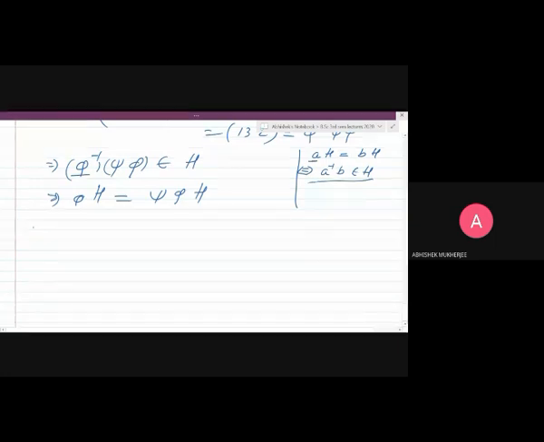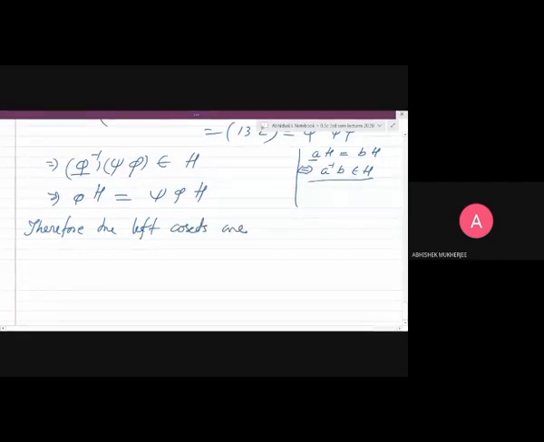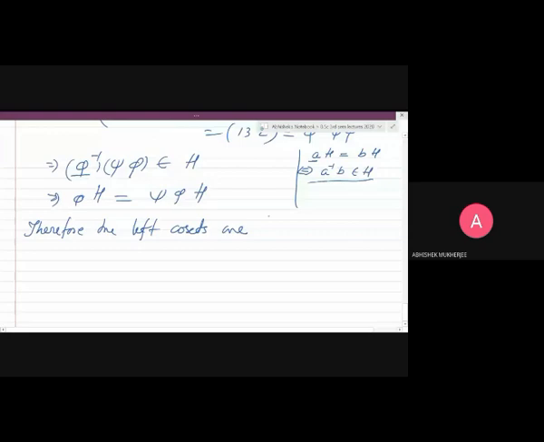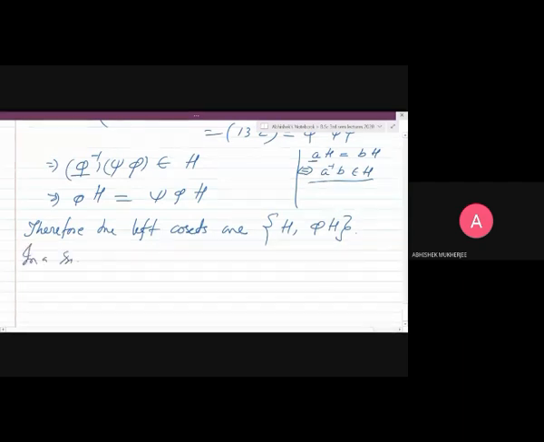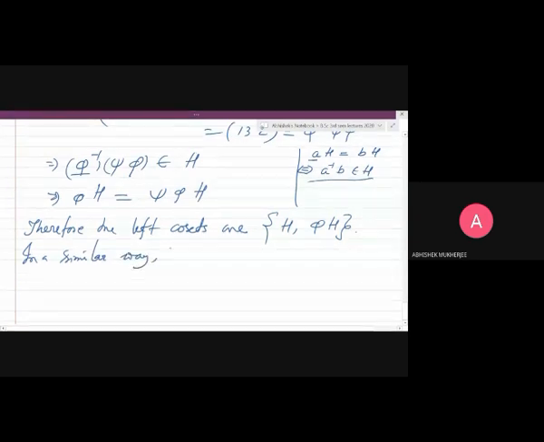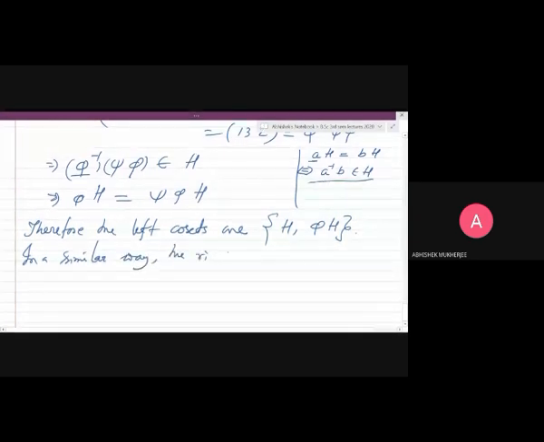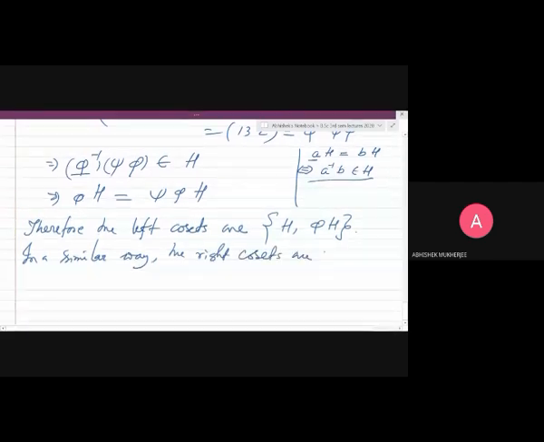So therefore, the left cosets are H and phi H. Now, in a similar way, the right cosets are H and H phi.